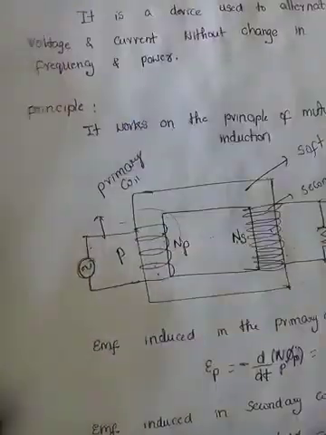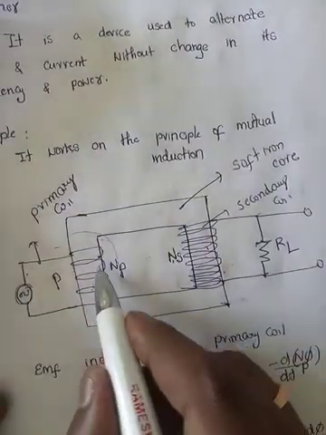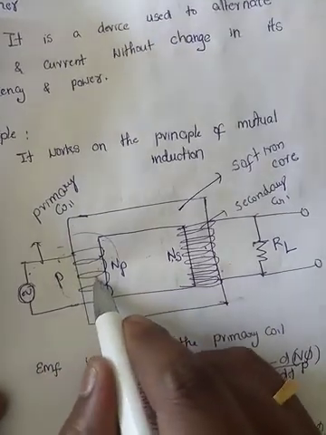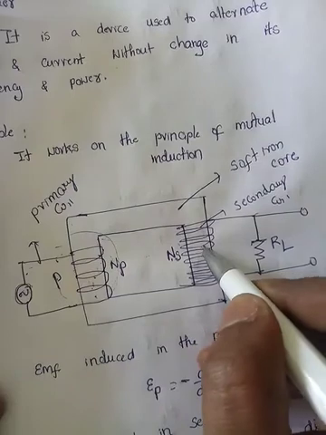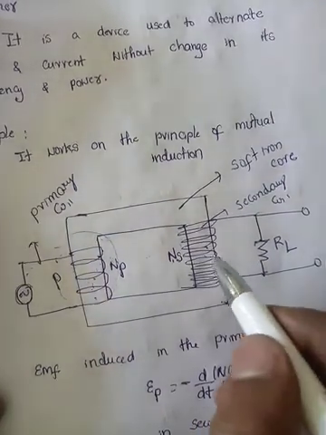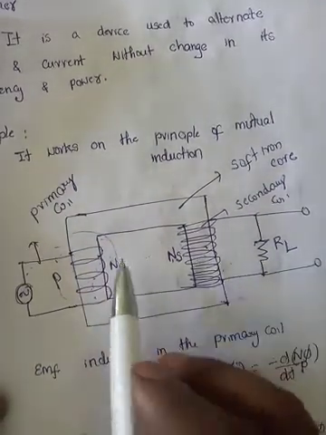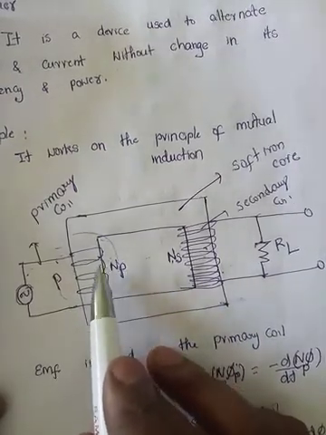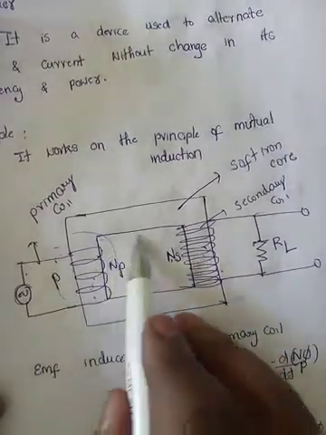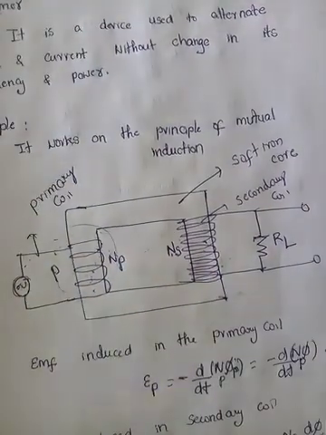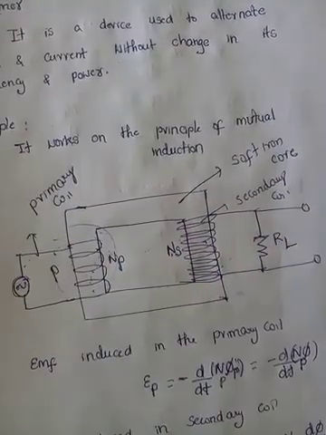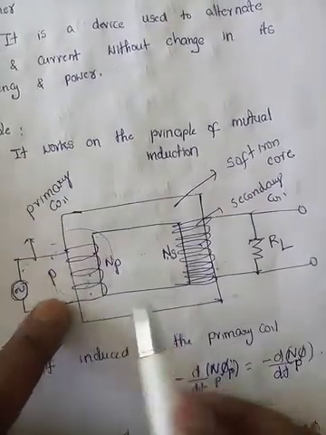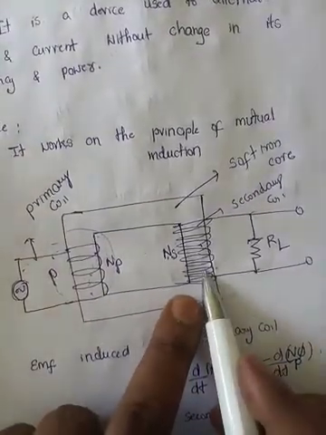See, here it induces some flux, and the same flux should be induced in the secondary coil. Is it possible in a natural case? No, because whatever flux has been induced here should flow from primary to secondary. If it is in a medium, what happens? The medium absorbs some flux. So whatever has been produced cannot be induced in the secondary coil.